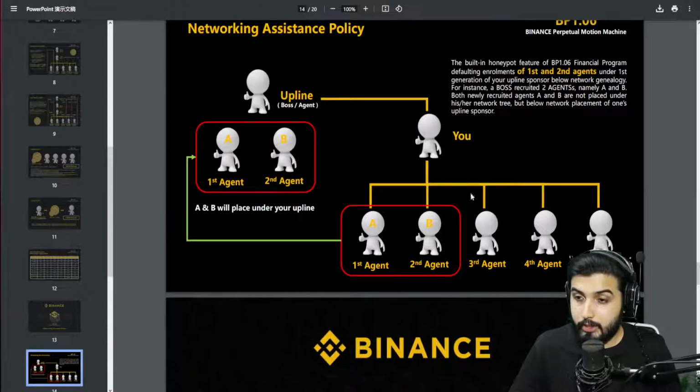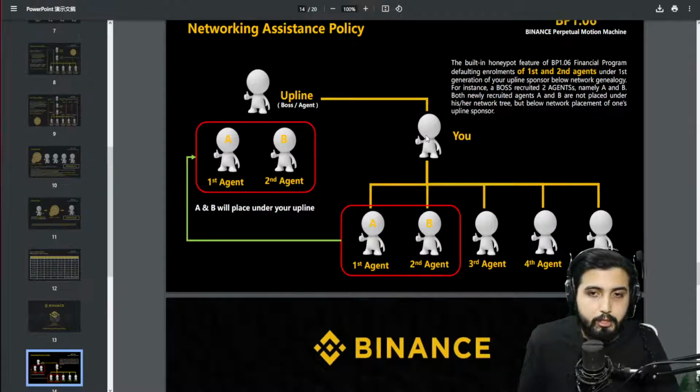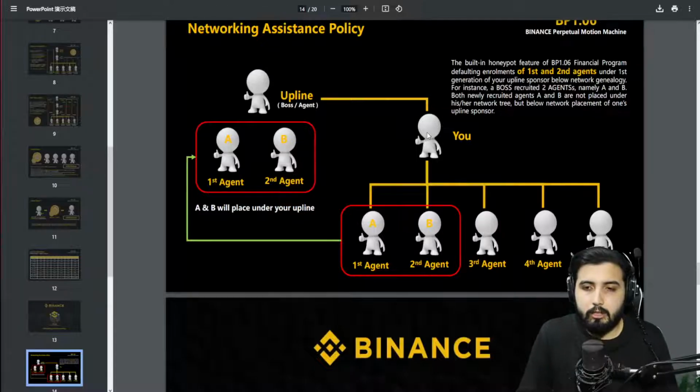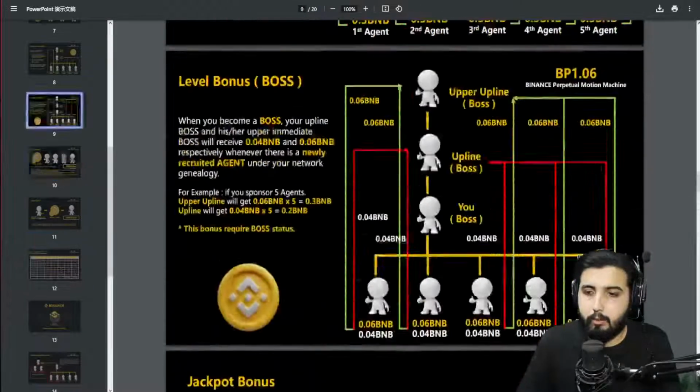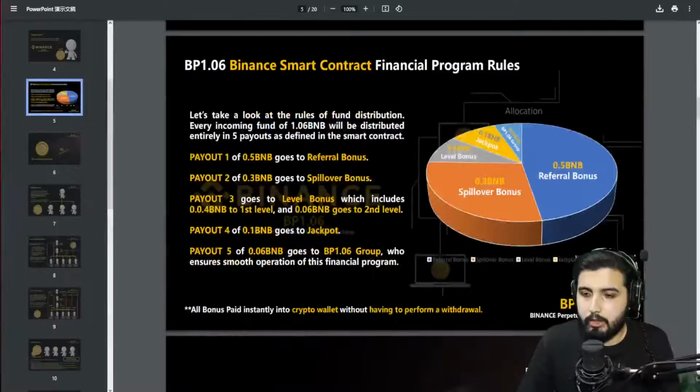We recruited 2 agents, namely A and B. Both newly recruited agents, A and B, are not placed under his or her network tree, but below the network placement of one's upline sponsor.